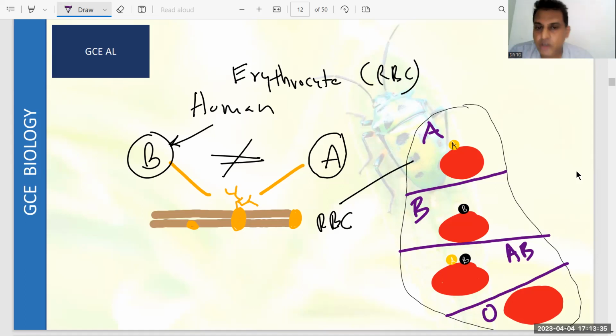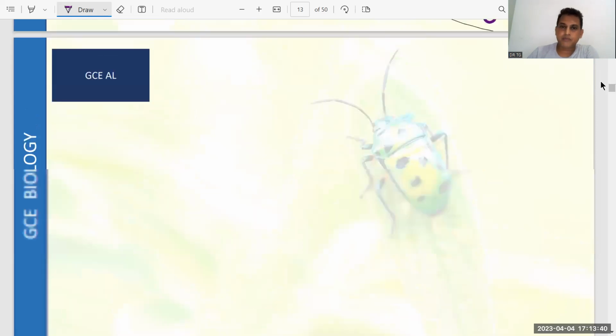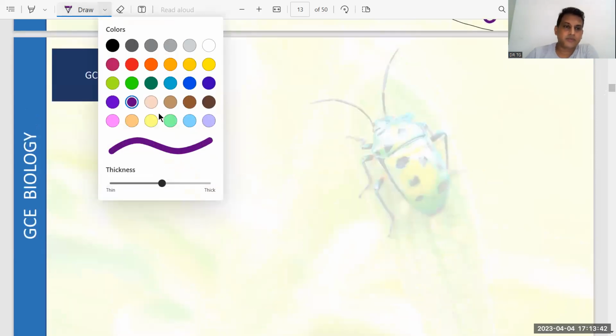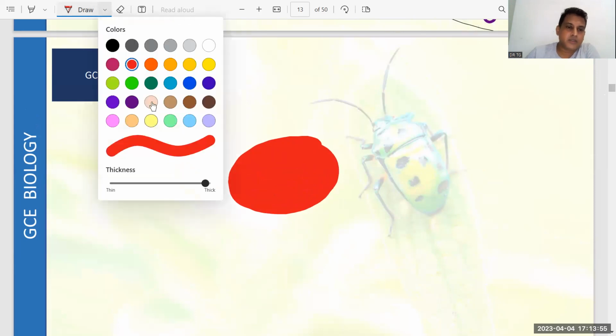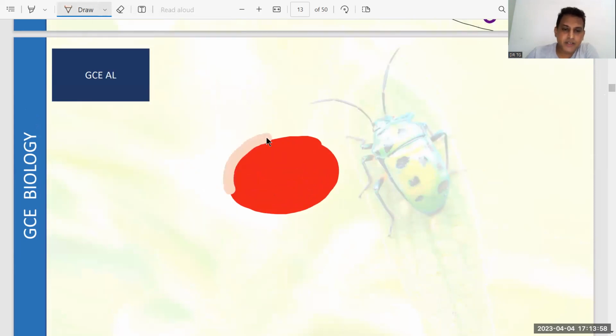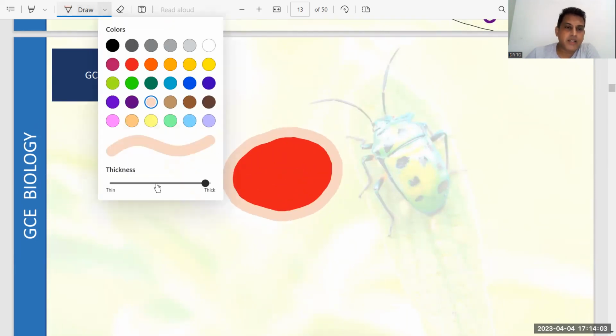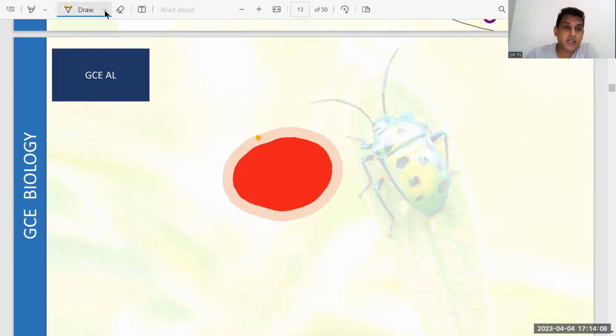Now, going further, let's take blood group A. Blood group A, red blood cell membrane, that's a phospholipid membrane, and this is the glycoproteins.